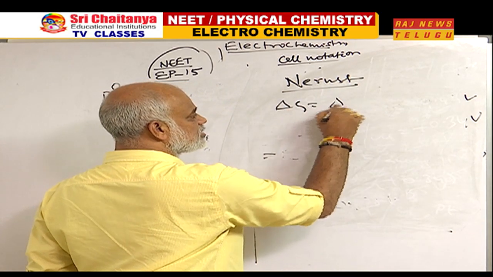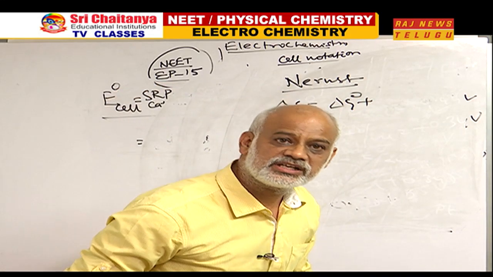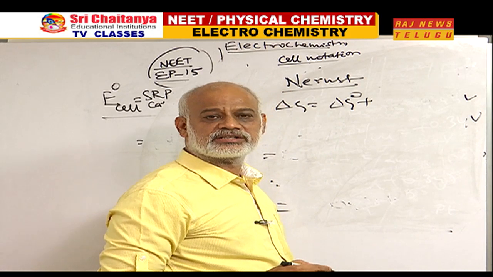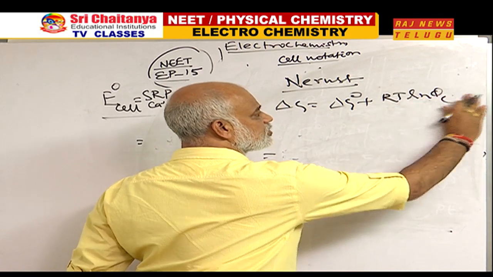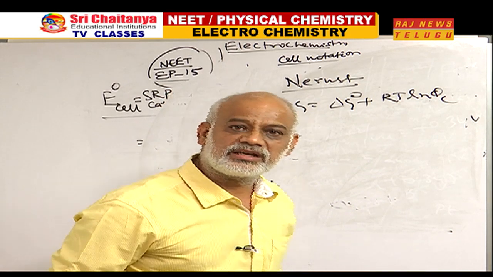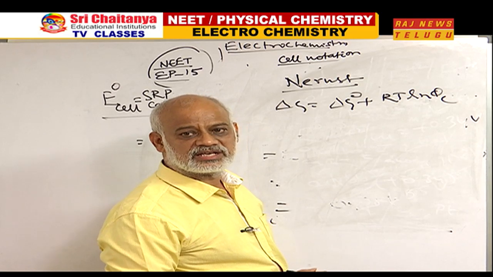Delta G is equal to delta G naught plus RT ln QC. This is called Nernst equation.